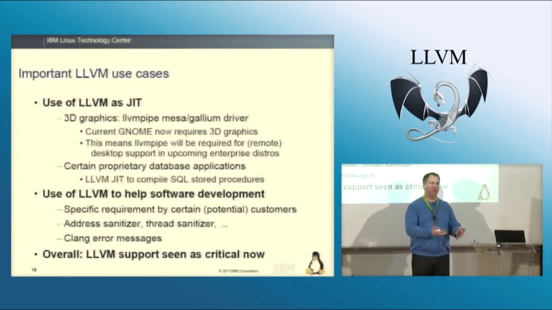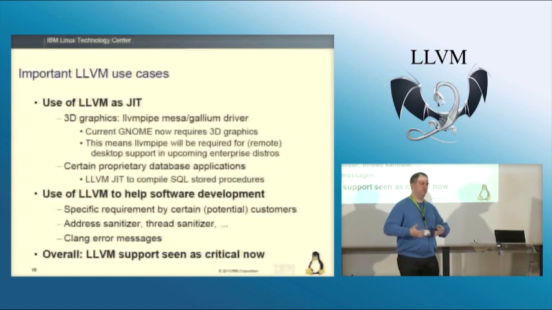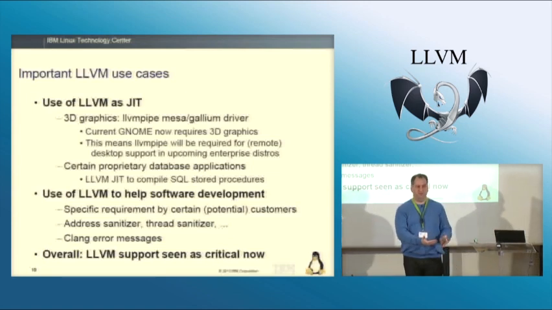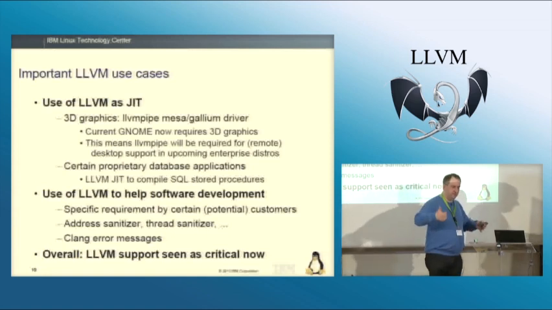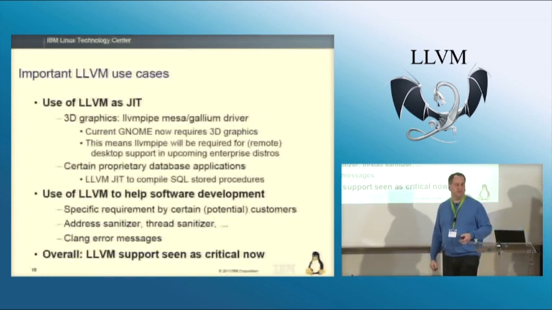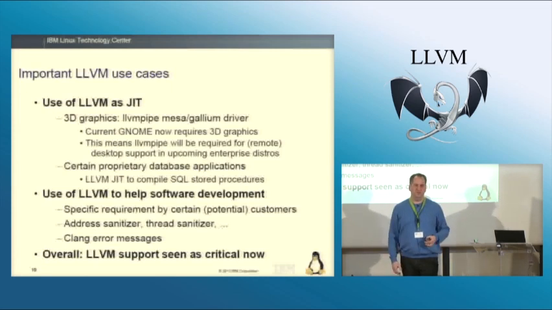And this software implementation, because you want it to be fast, uses a JIT, and that's LLVM. So in order to support the 3D graphics, we need the llvmpipe driver, and that obviously needs LLVM. So that's one of the reasons, and we need that for the next upcoming releases of both the major enterprise distros, because otherwise we won't have remote desktop support.